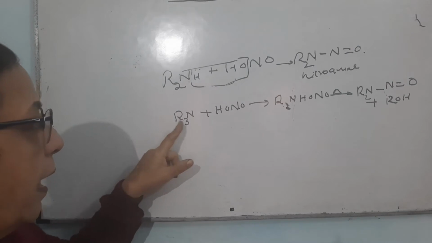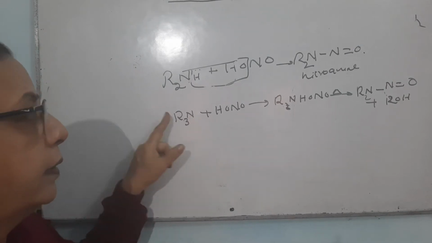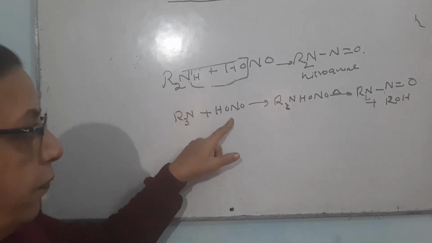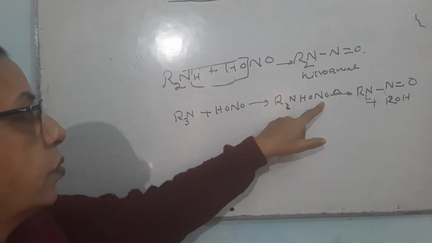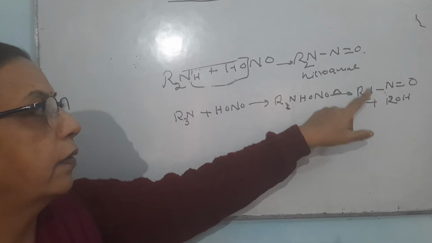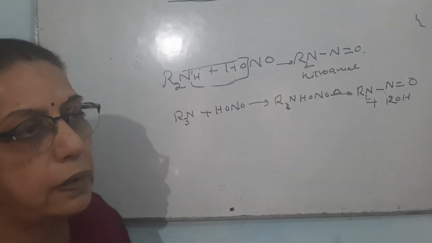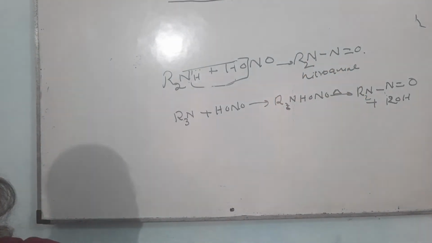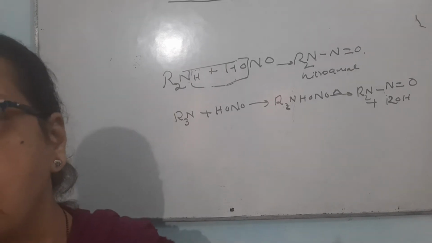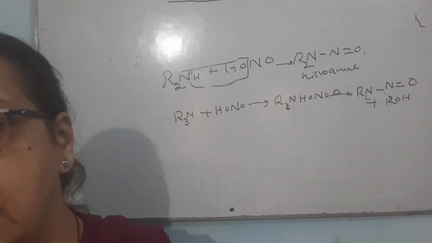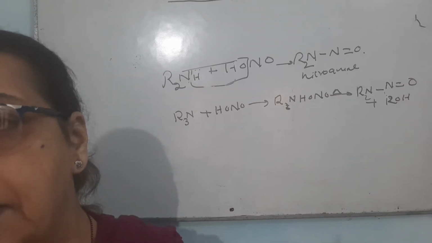If the reaction of tertiary amine is done with nitrous acid, there will be formation of an initial salt R3N·HONO, which on heating will give nitrosamine again, and the release of alcohol besides that will take place. So these were the reactions of aliphatic amines.